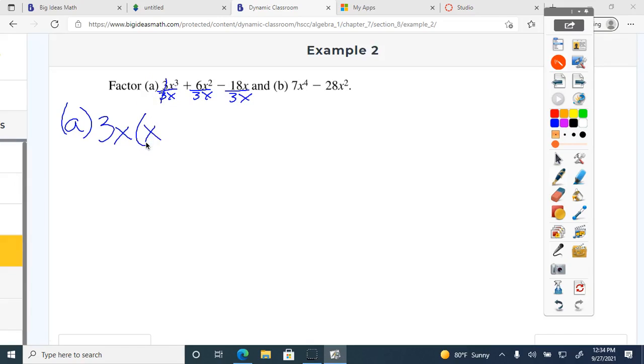X squared, taking 1 off, right? Plus 6 divided by 3 is 2x minus 6. Can you factor this? That is the question you need to ask yourself. Are there two numbers that multiply to be negative 6 and add up to 2?